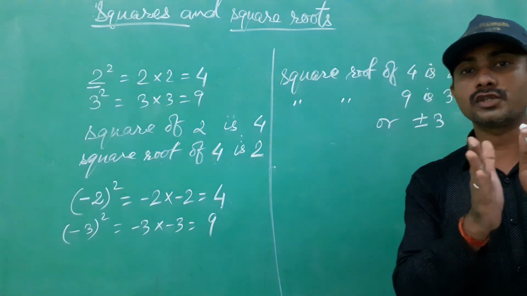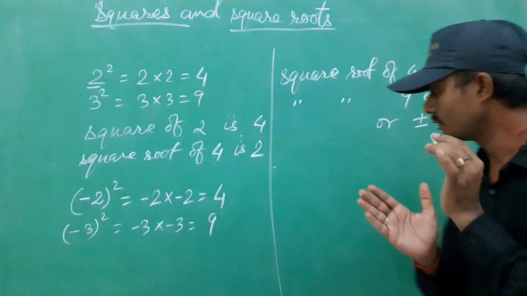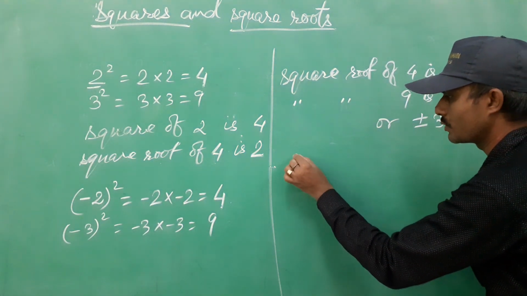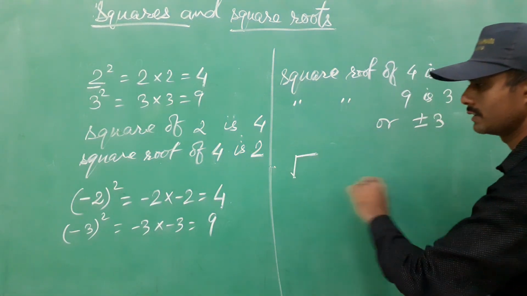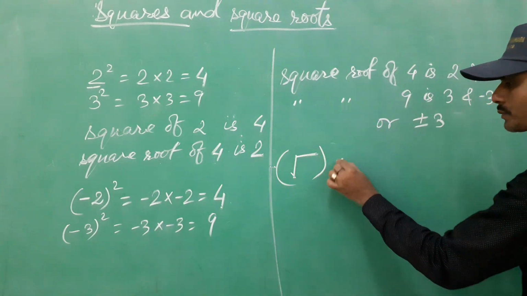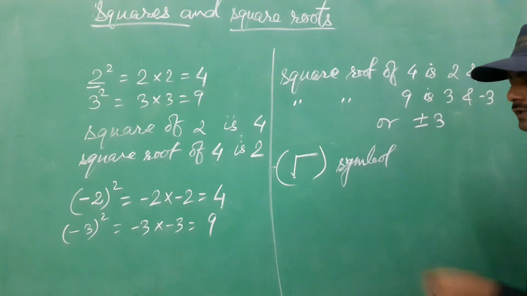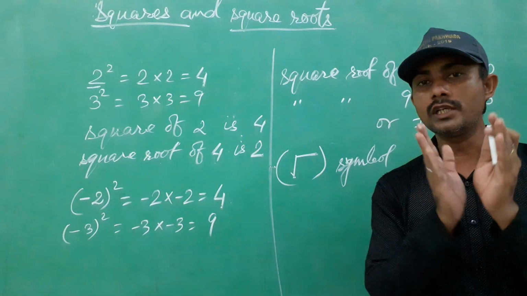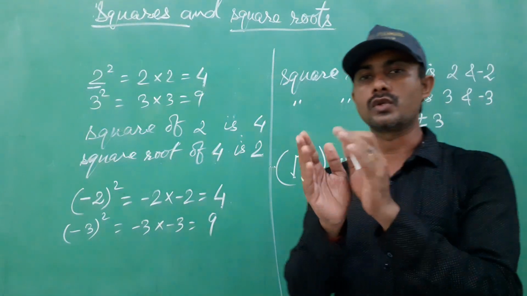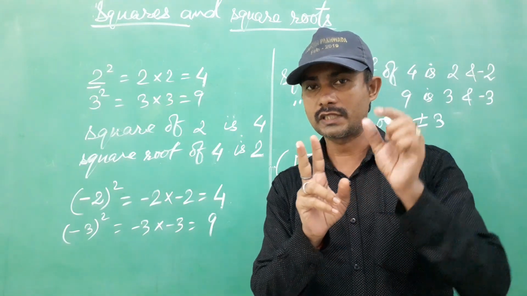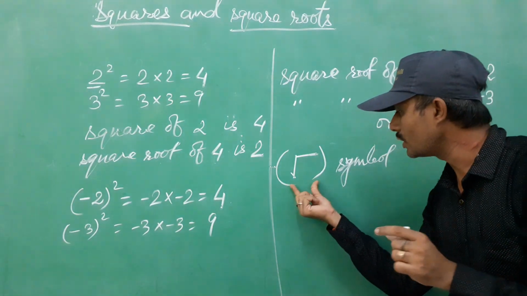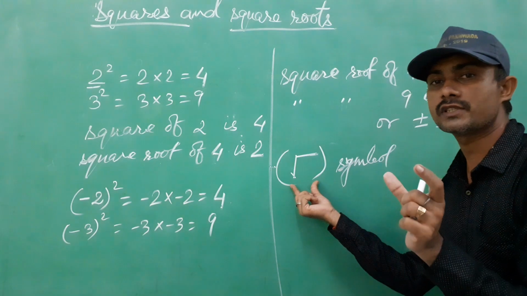But when we are using the symbol for a square root, this is the symbol for a square root. This symbol is only for the positive square root, not for both. Just keep in mind, this symbol is only for the positive square root.